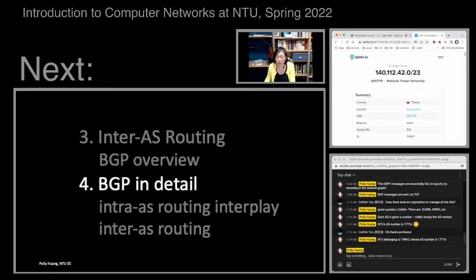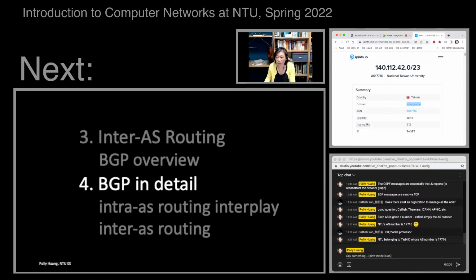So for NTU, I just did a whois of the PA workstation's server IP address, and this is what I found. NTU belongs to AS 17716. But if you look into the detail, you'll see that the domain is in fact moe.gov.tw, the Ministry of Education.